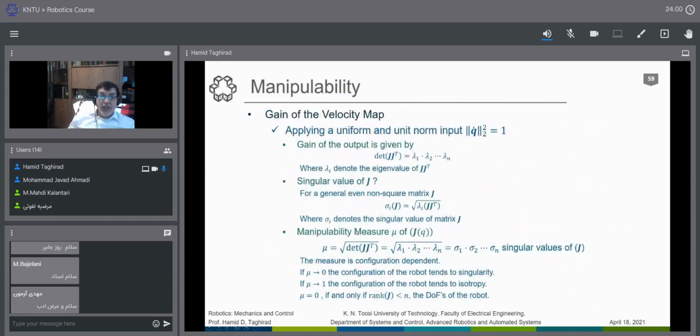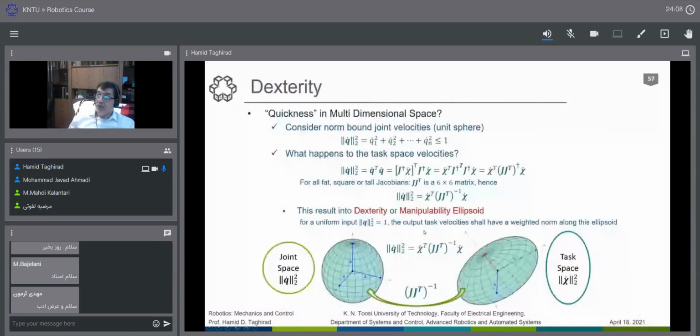Now, going a bit into detail and quantitatively, let's see what would be the relation between Q dot and X dot. What would be the maximum value of this ellipsoid and the minimum value of this ellipsoid? These are also related to the eigenvalues.